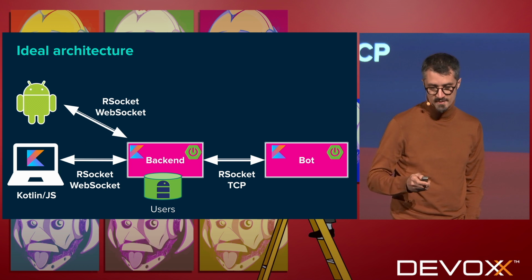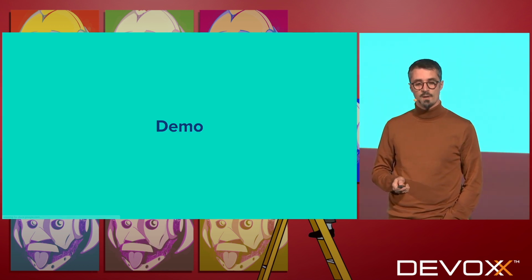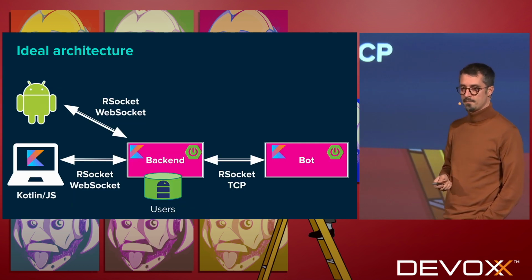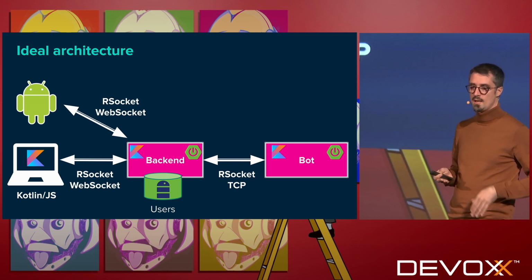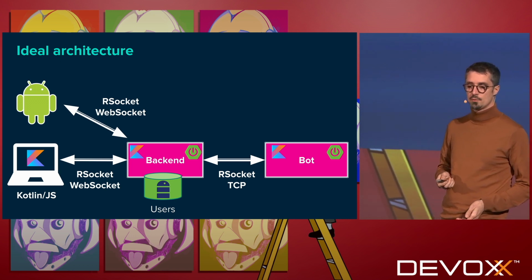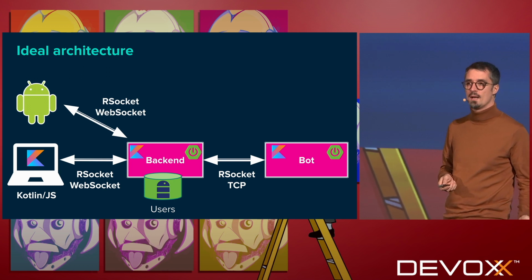Okay, so like I said previously, this was the Spring Messenger demo. The ideal architecture would be to use RSocket for the client as well.